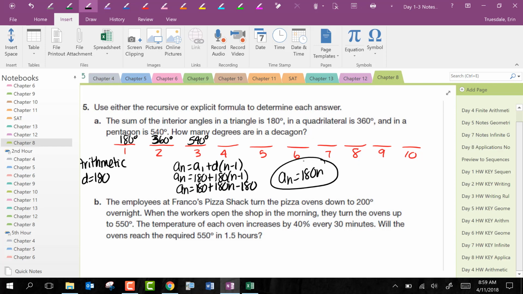So 3, 4, 5, 6, 7, 8, 9, 10. So the 8th term in this sequence is your decagon. So what do we want to plug into this? The 8th term. So you want to plug in 8, right? So A8 actually is your decagon, because the n is not representing the number of sides, it's representing the term number.